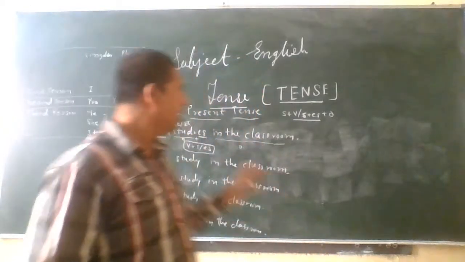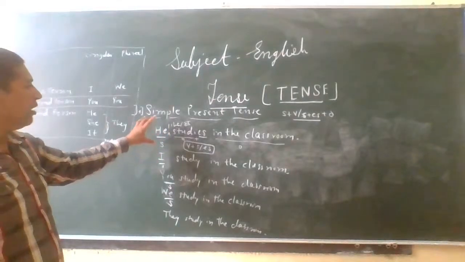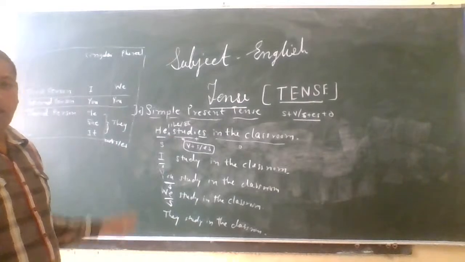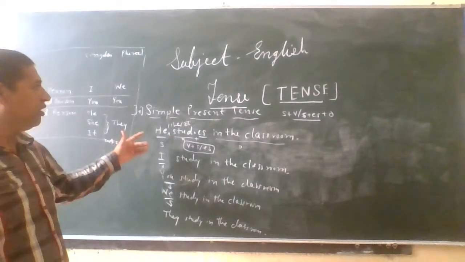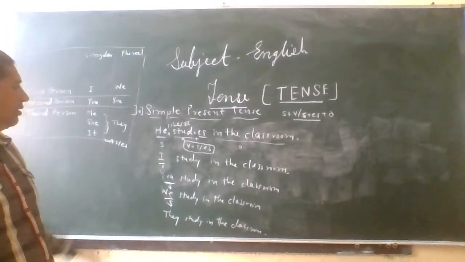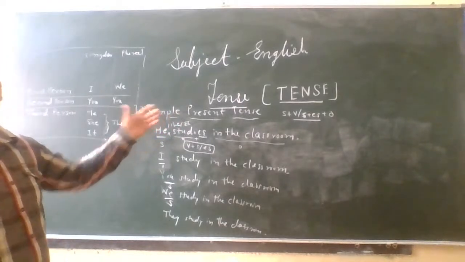In this way, you can understand what types of words and verbs we use in our day-to-day life. He comes to the college. All these sentences come into the simple present.